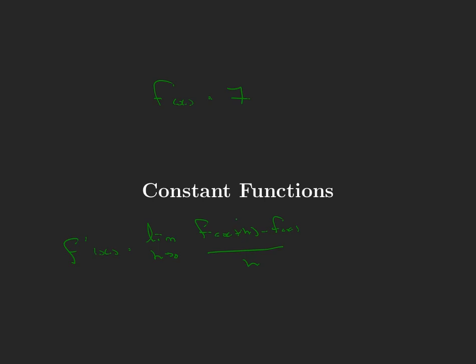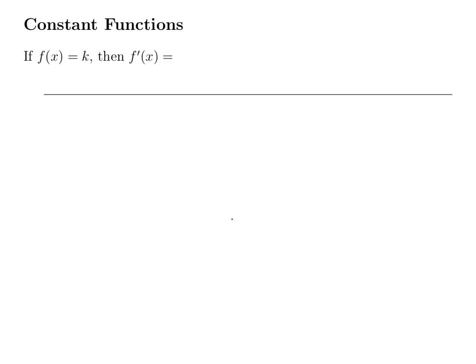But realistically, we'll just kind of think about this stuff graphically when we talk about these constant functions. So here we'll call our function k, where k is a constant. And what I want to do is just pick an example. I'll do my examples in blue for this. And let's just pick that function that we had earlier, 7.